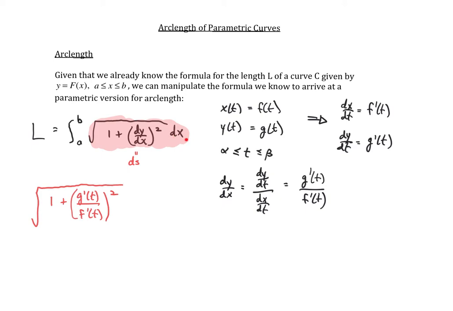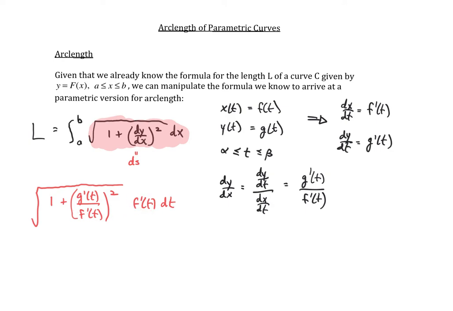As for our dx piece, we are going to obtain it by looking at our dx dt and multiplying both sides of this by dt to solve for dx. So when I do that, that means that I can replace the dx with f prime of t dt. And this lives outside of that square root. Okay. So what I want to do next is move this f prime of t inside the square root.